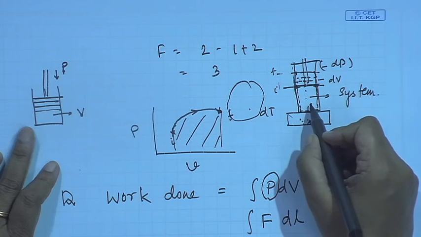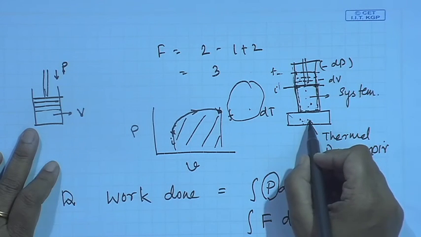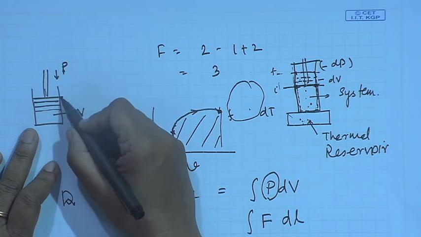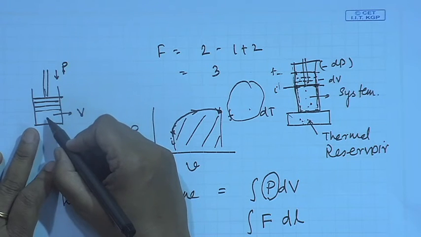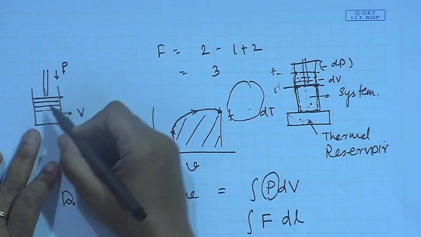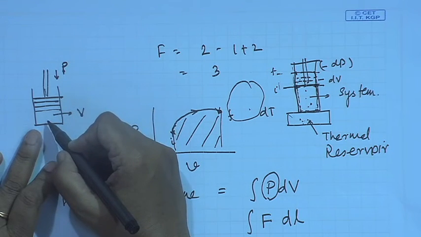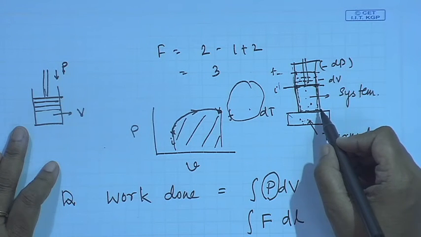If you observe the initial and final state in this case and this case, we find that they are the same, but the change in one case was brought about by work done by the system on the surroundings, and in the other case it was due to the heat transfer between the system and the surroundings.